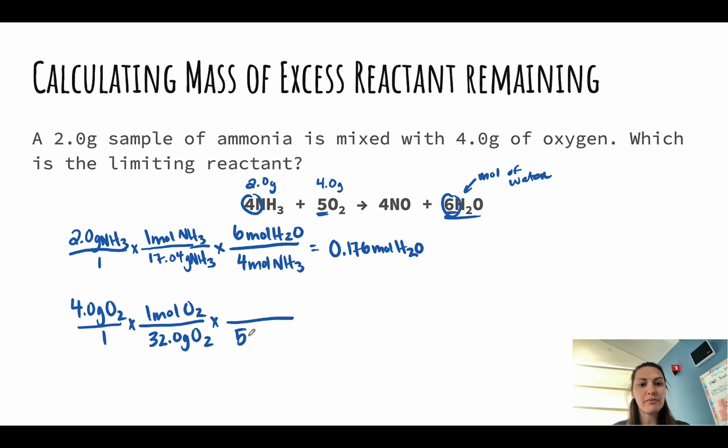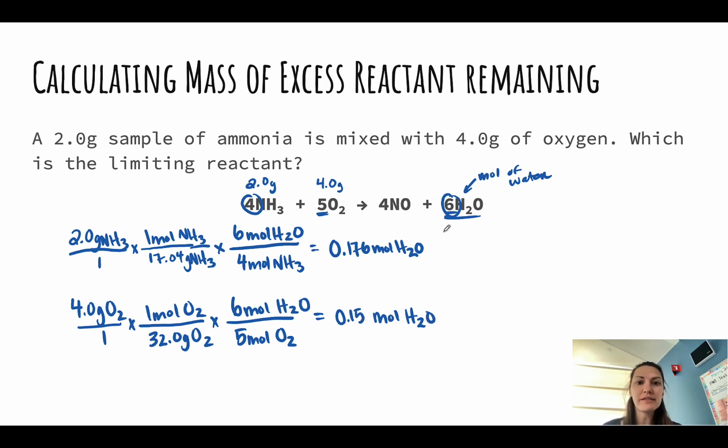We've got 5 moles of oxygen, and I put that in the bottom so it cancels out my numerator from the previous fraction. And then I've got 6 moles of water in the top. You'll notice when I cancel out my units, I get a unit of moles of H2O, which is the same as what I calculated in the first problem. So when I do 4 times 6 divided by 32 divided by 5, I get 0.15 moles of water.